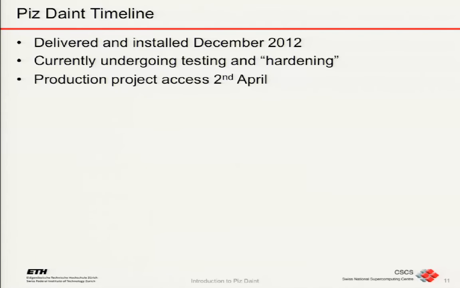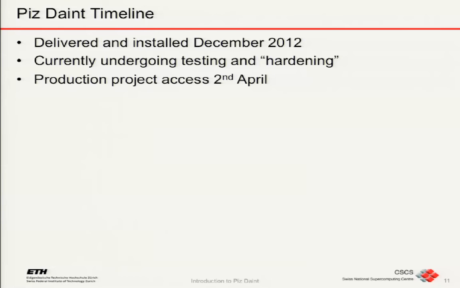So, where do we stand at the moment? Well, we had this thing delivered and installed in December 2012. It's currently undergoing that testing phase, the hardening phase, and it's now in pretty good shape. There's a few lingering bugs and little issues that we need to work out, but it's almost ready for general user access. Production project access, therefore, is going to be on the 2nd of April.